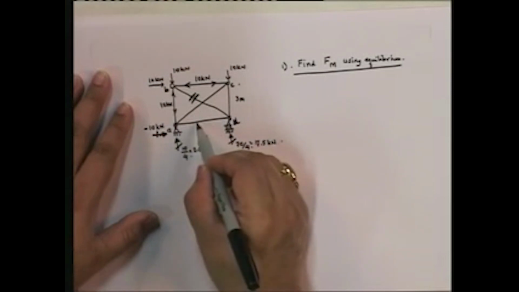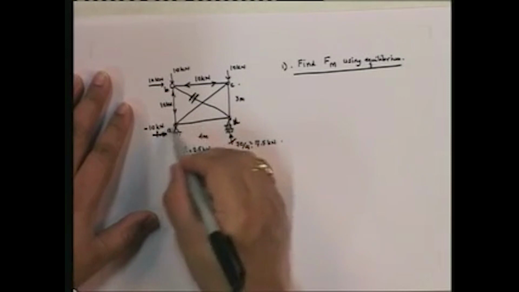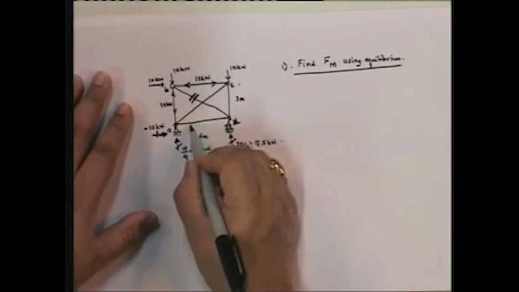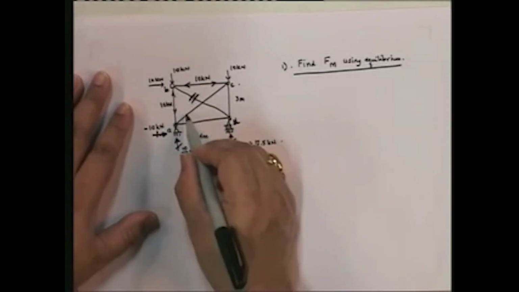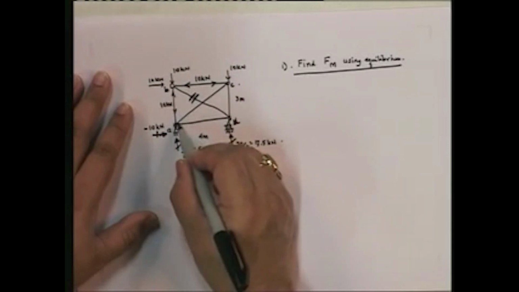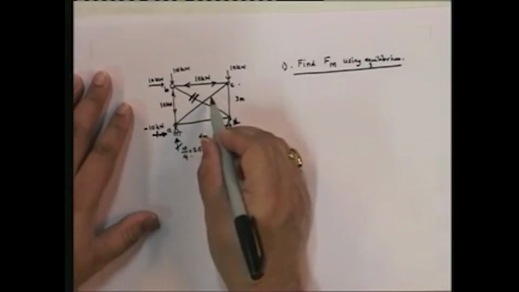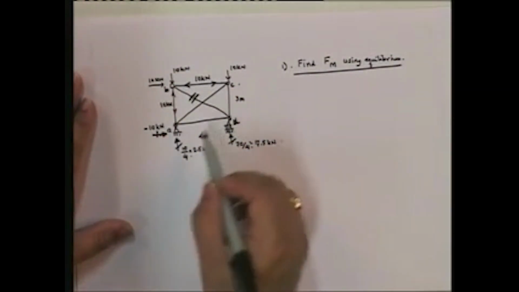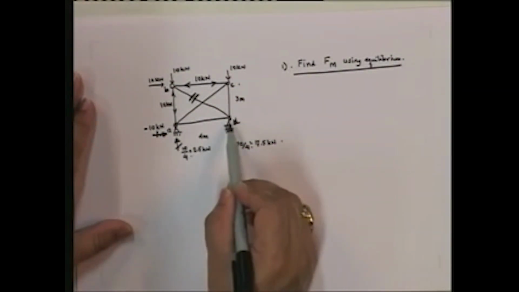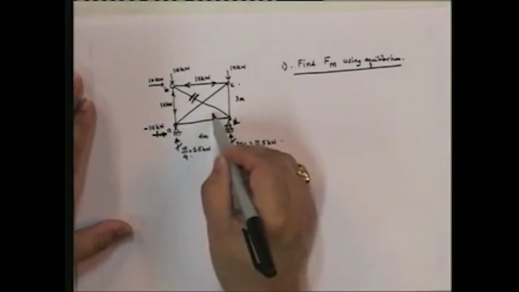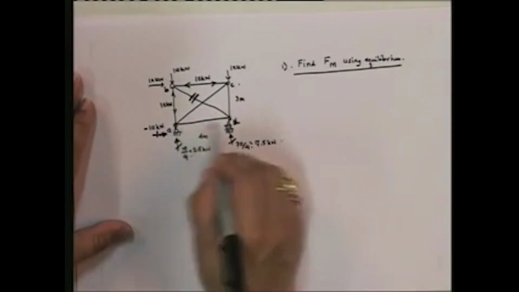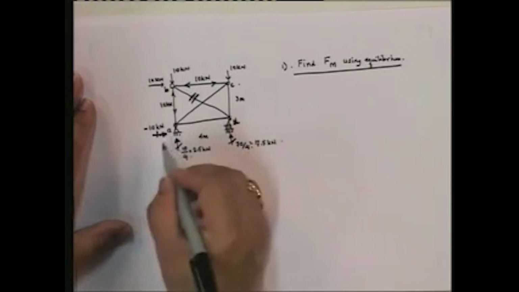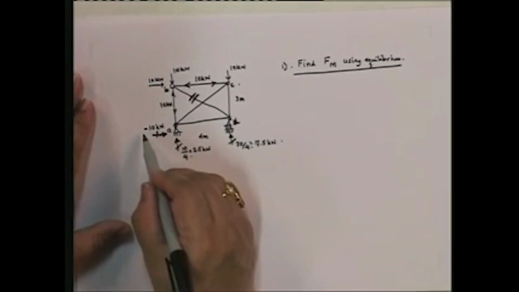If I take sigma Fx equal to 0, I'm going to get the force in AD plus the horizontal component of the force in AC equal to minus 10.